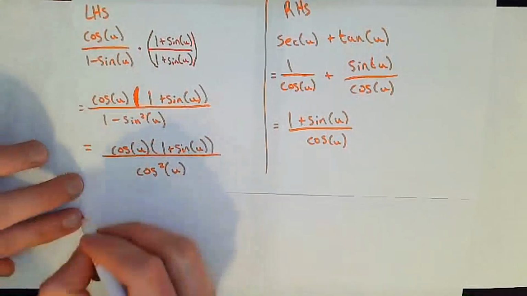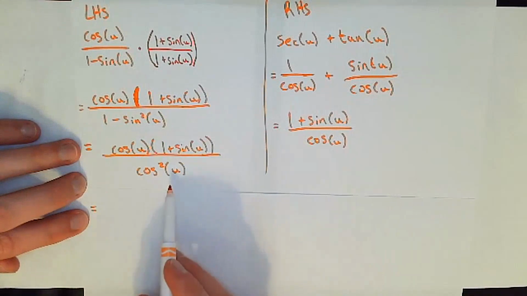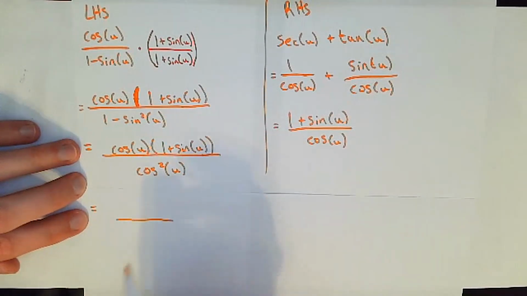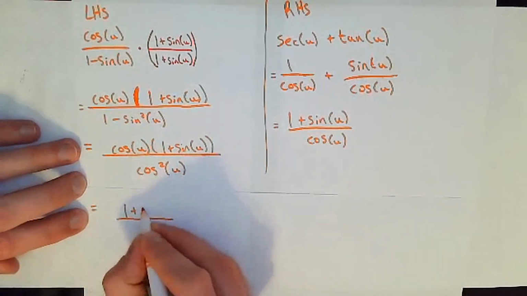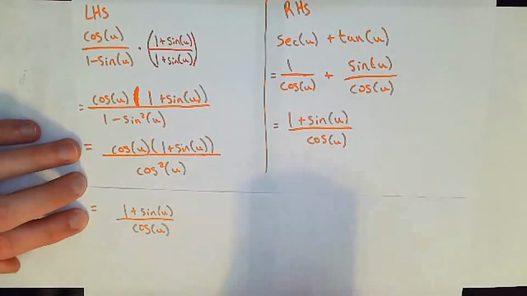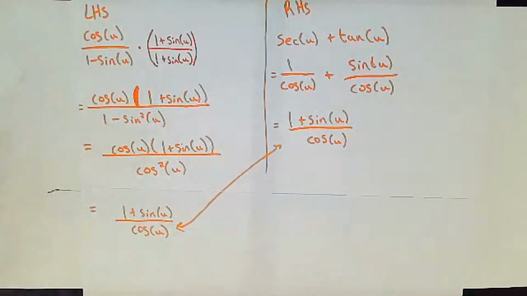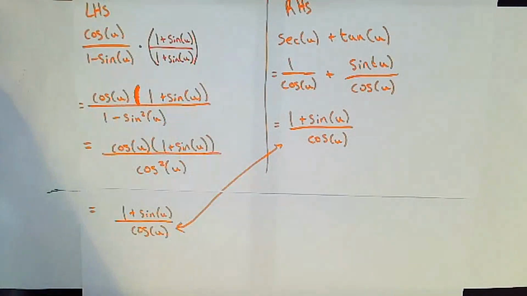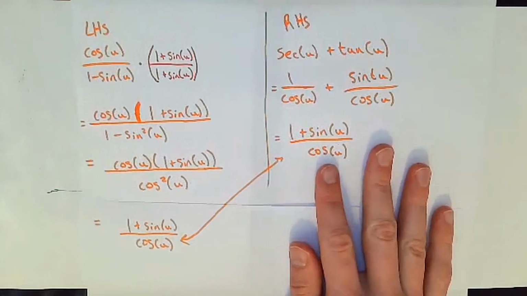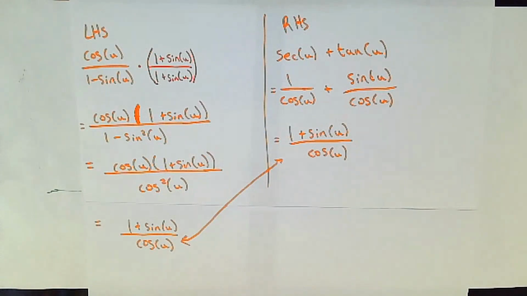And now cancel a cosine. There's a cosine up top, two cosines in the bottom. So now I'm just left with 1 plus sine of U over cosine of U. That's one of the trickiest ones because you have to introduce that multiplication of this term. That's one of the trickier ones for sure.